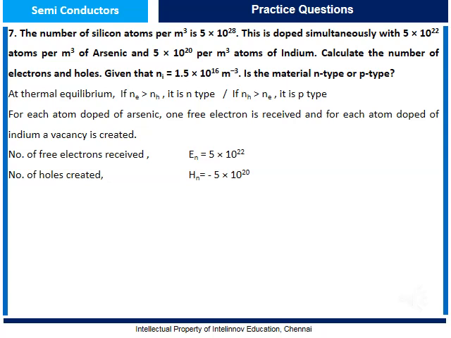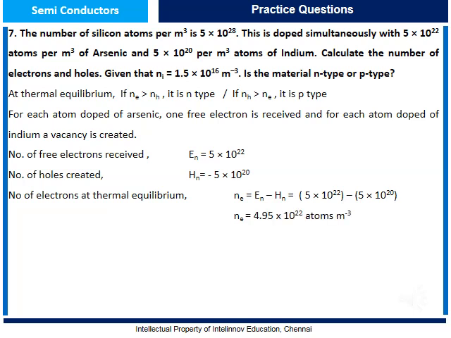Thus, the number of electrons at thermal equilibrium is Ne equal to Nd minus Na. That is, we need to subtract the holes to subtract the electrons that are neutralized by the holes. Thus, we get 5 into 10 power 22 minus 5 into 10 power 20. This gives us the value of 4.95 into 10 power 22 atoms per meter cube for the number of electrons.